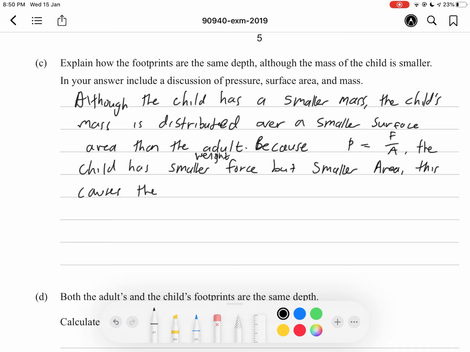This causes the differences to cancel out, I guess.